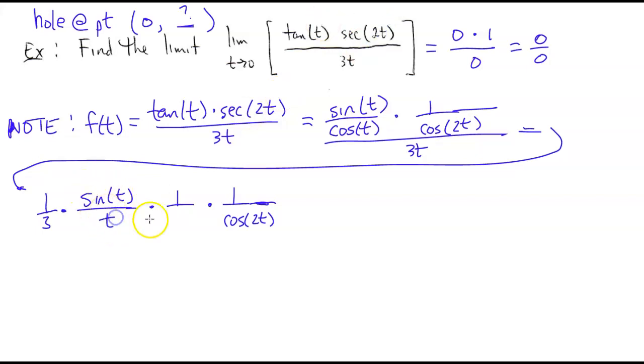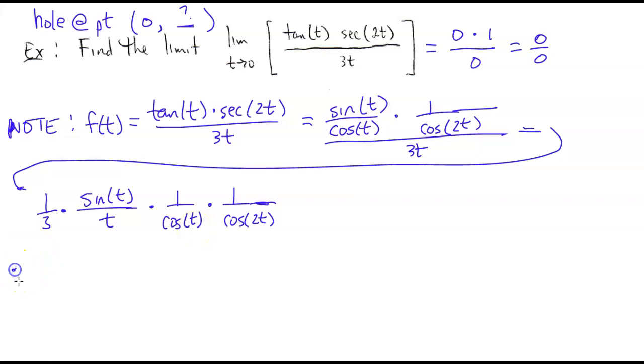So if I rewrite this way, then here I could take the limit of sine t over t as t approaches 0, and that would just be 1. And here, if I plug in 0 for t, I don't get 0 in the denominator there, so I'm good to go.